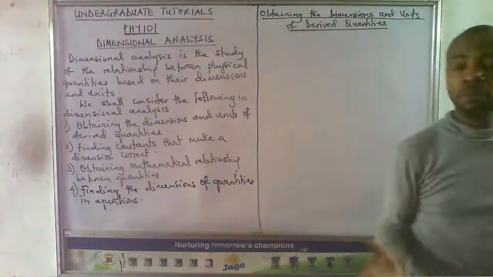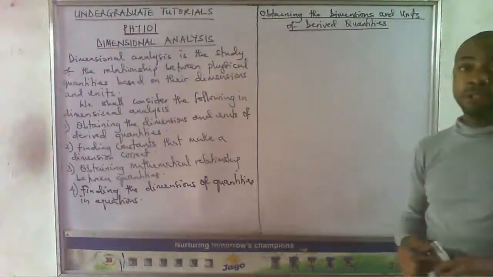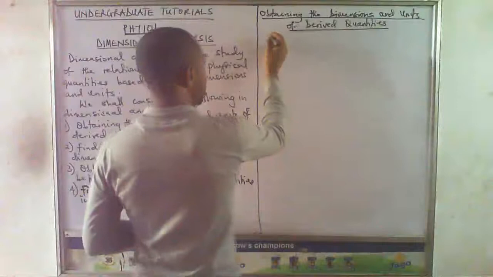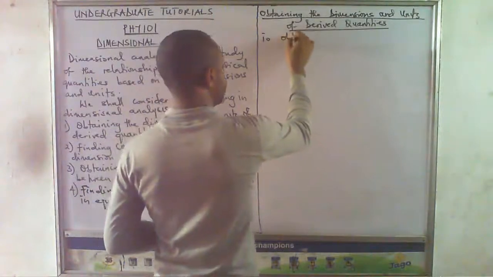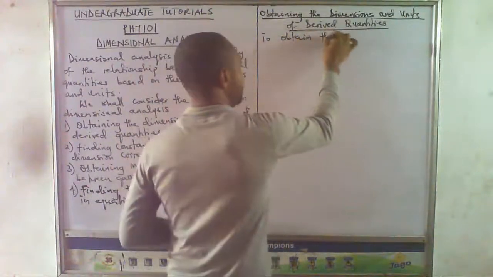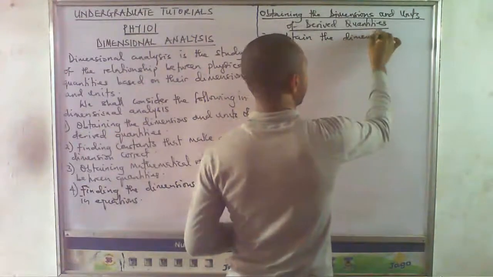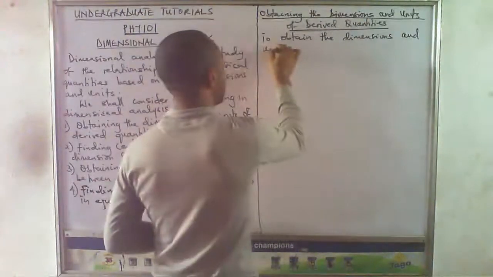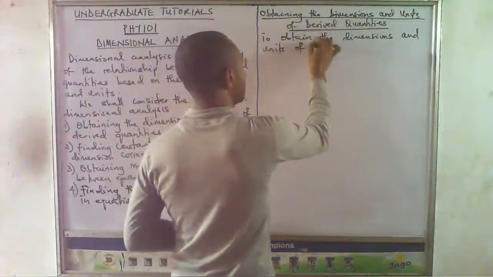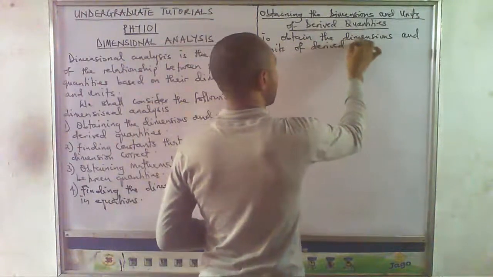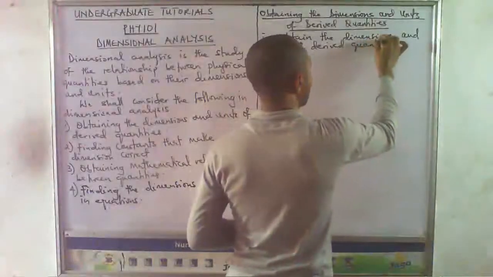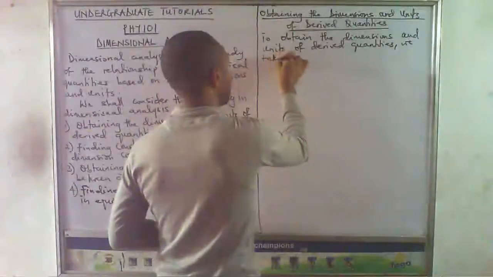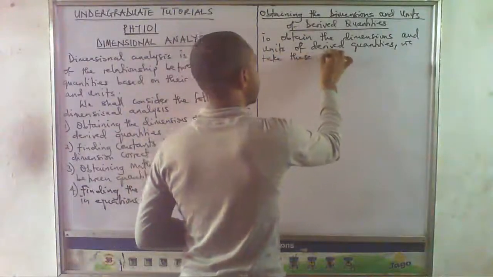We are going to write out some steps to follow in order to do that. So to obtain the dimension and units of derived quantities, we take these steps.